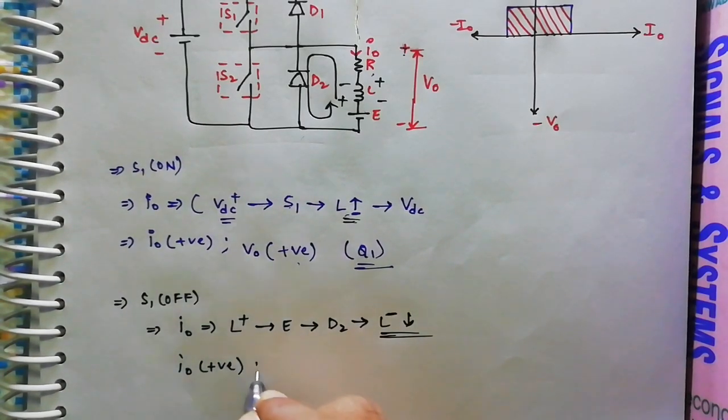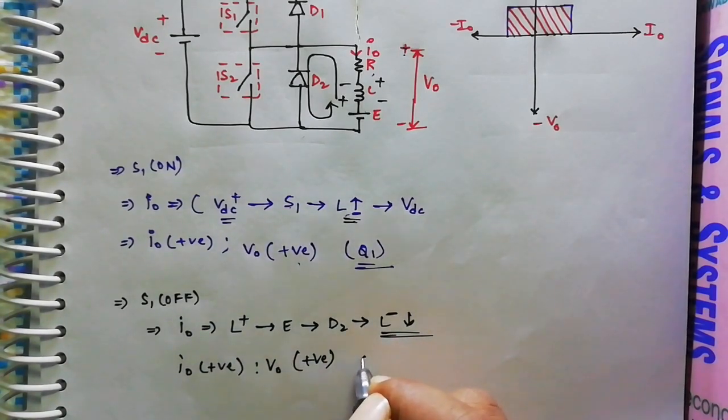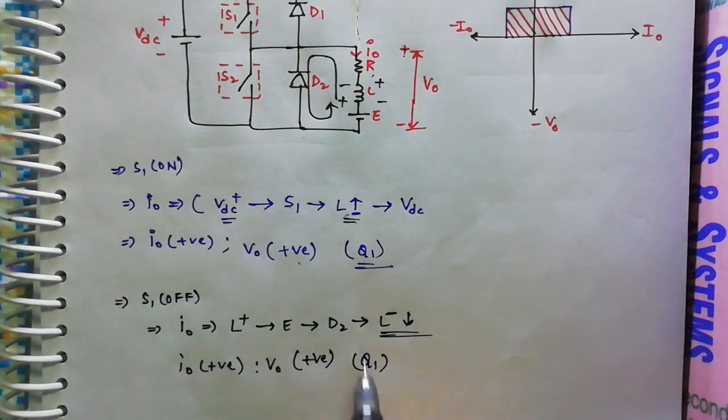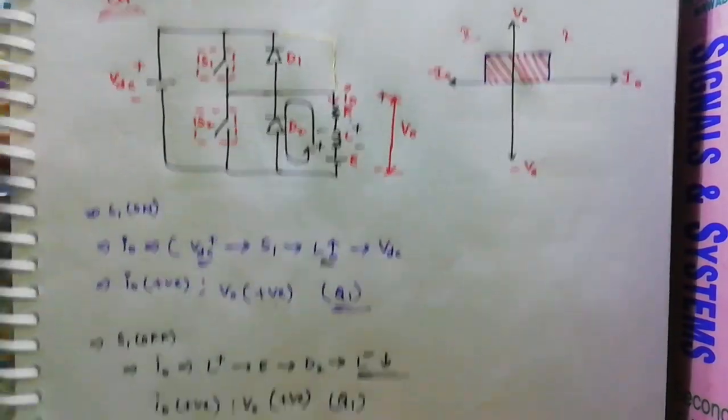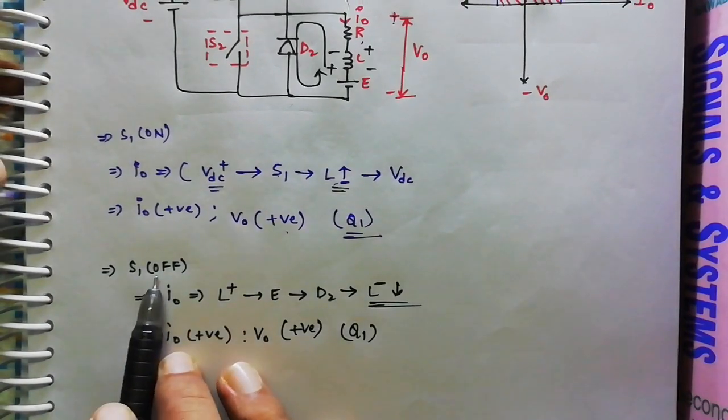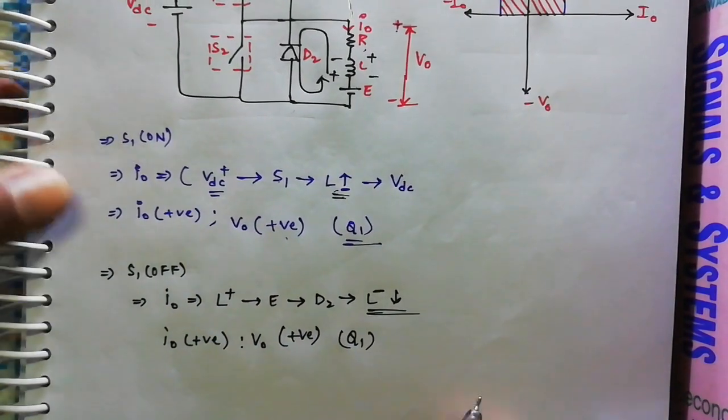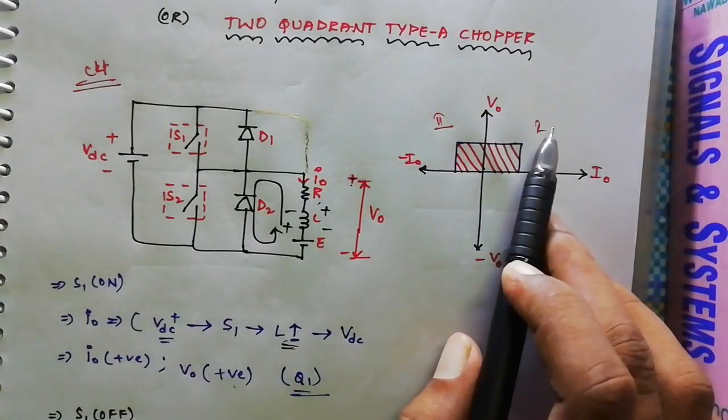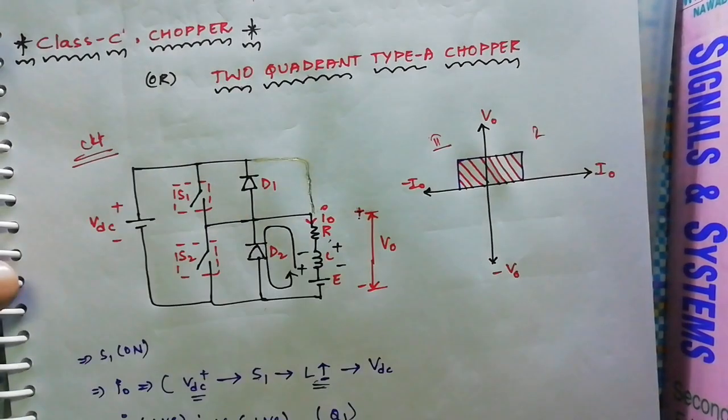We can't say much about V0 here, but we can say it is positive, because the chopper will operate in Q1 when S1 is off. So this is the first quadrant operation of this chopper.